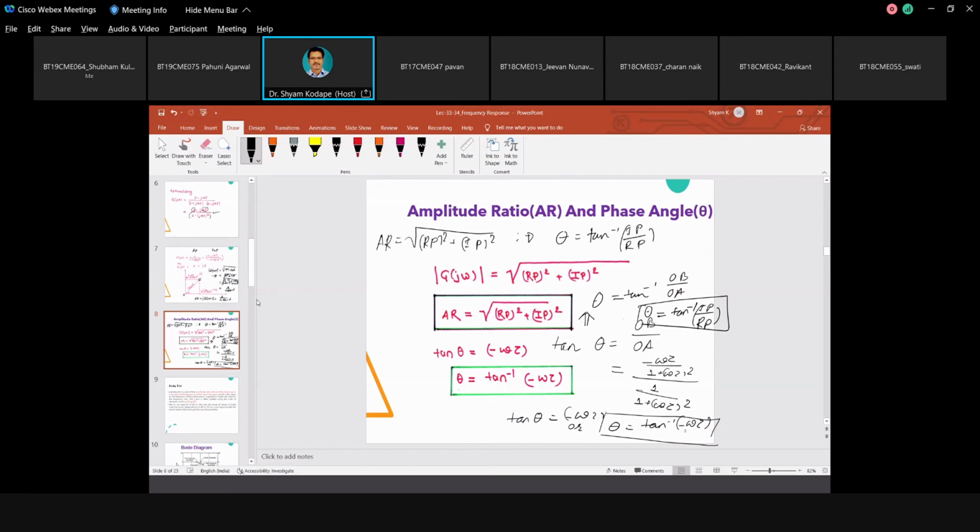See, why am I discussing this? This is nothing but a qualitative way. Instead of going for all the calculations, just like we have derived here, if we have a system which is subjected to an input change in a sinusoidal manner, and I would like to analyze its stability or response, then I will go for the amplitude ratio. So every time, don't go for the calculation, just rationalize and separate RP and IP.